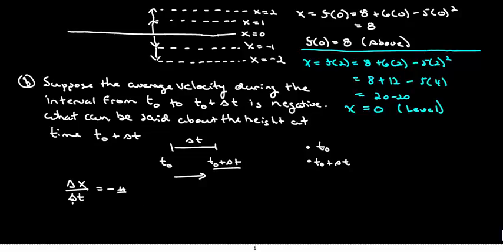So if the overall change is negative, then the change in x must be negative. So it must mean that we're at a lower height, because our change in x must be less than 0. So it must mean that we went down like that.